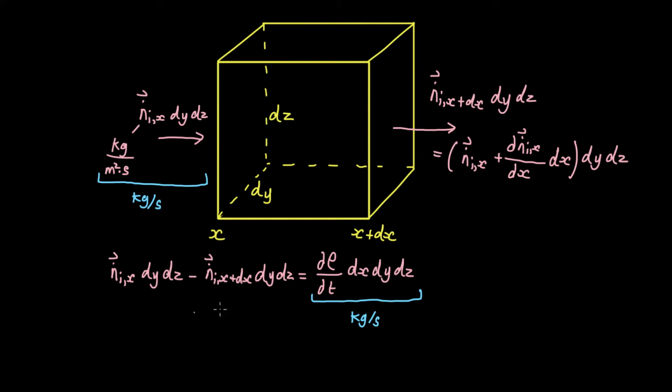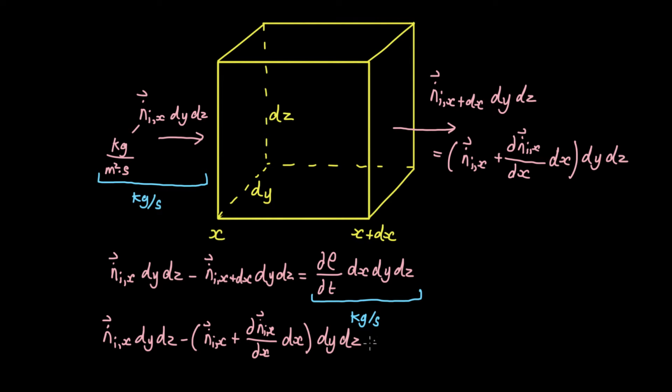And then if I substitute this term on the right in here, so this is the flux into the box of species i in the x direction, times dy dz, subtracted away from that, this flux into the box of species i, plus the gradient of species i in the x direction multiplied by the length of the box in the x direction multiplied by dy dz, and then above here this is obviously the change in the mass or the density inside the volume here.